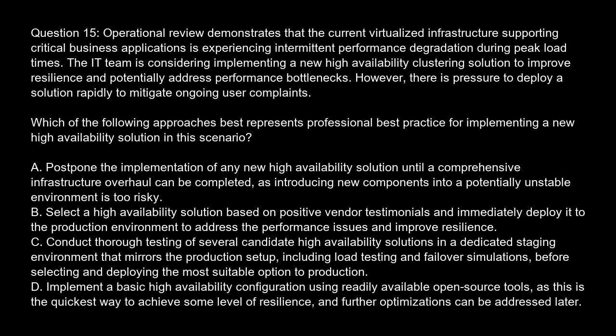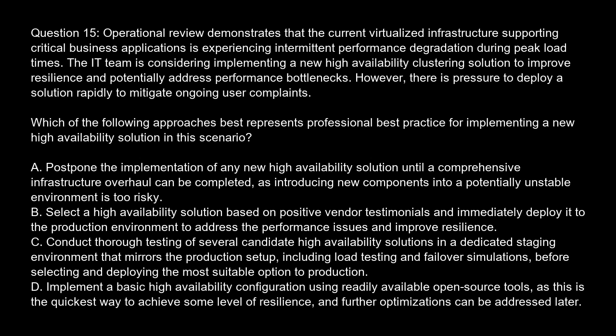Option A. Postpone the implementation of any new high-availability solution until a comprehensive infrastructure overhaul can be completed, as introducing new components into a potentially unstable environment is too risky. Option B. Select a high-availability solution based on positive vendor testimonials and immediately deploy it to the production environment to address the performance issues and improve resilience.